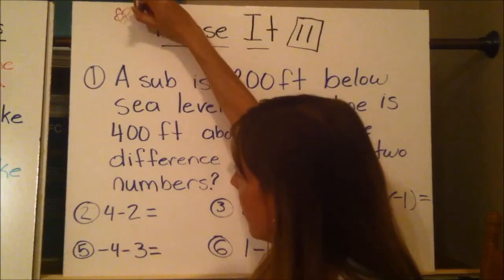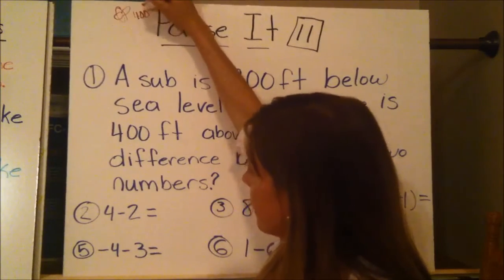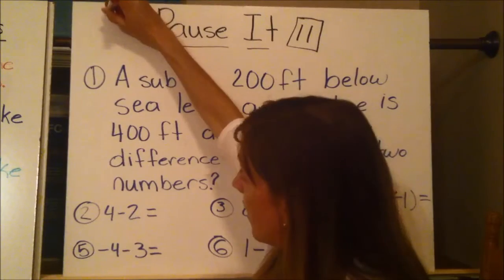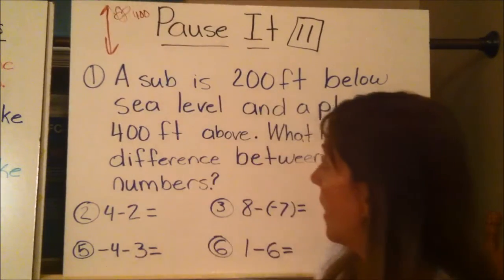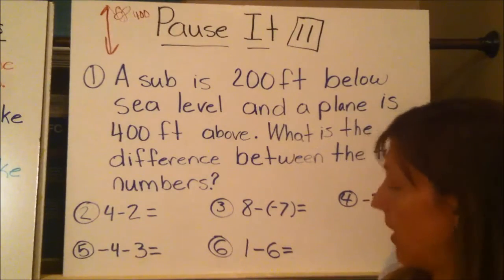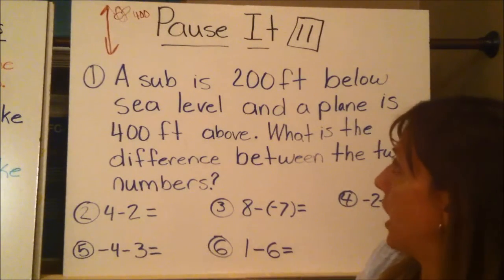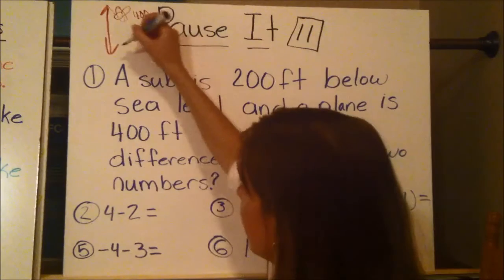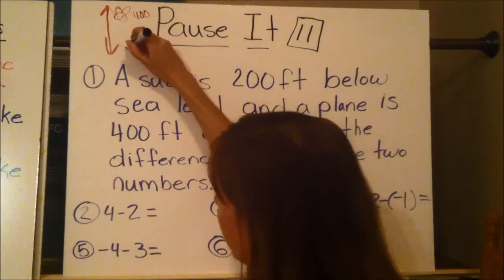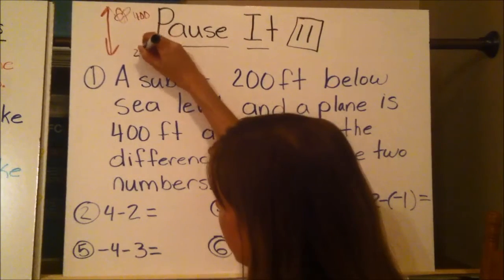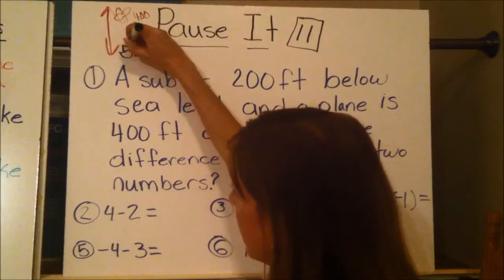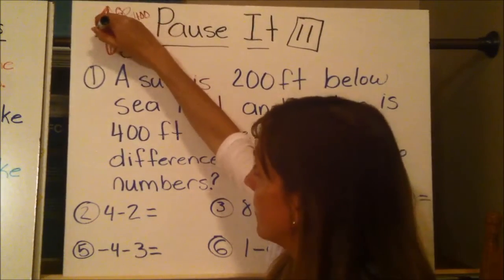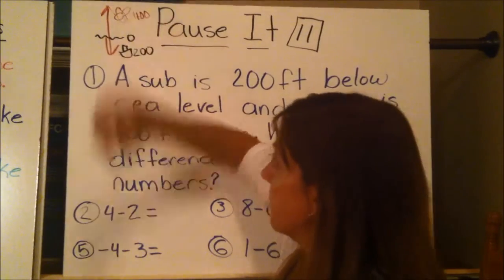So I'll write 400. And then it's above sea level. And there is a sub 200 feet below. So here's 200 feet down here. And here's my sub. Okay? And say that this is water and this is 0.